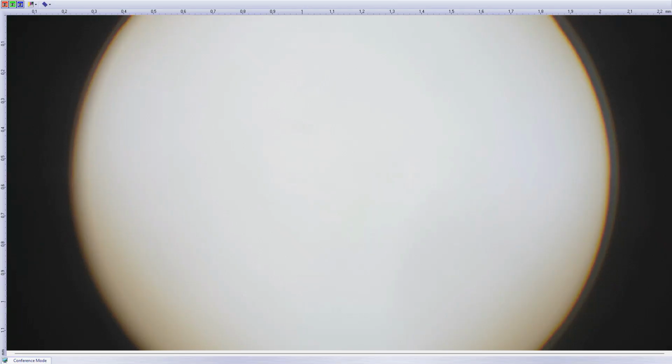Next case, this was a case from routine practice, a vaginal polyp in a 70-year-old lady. The tumor was some 5 millimeters in diameter.